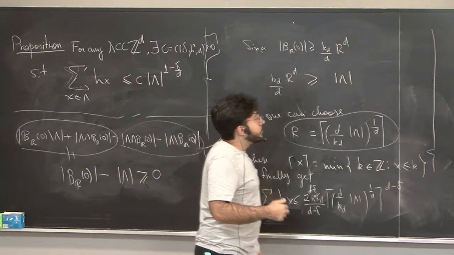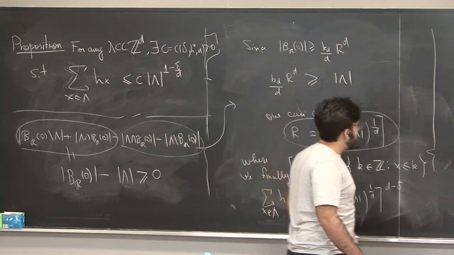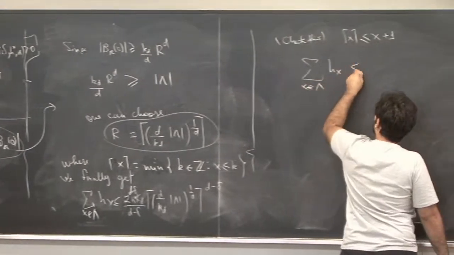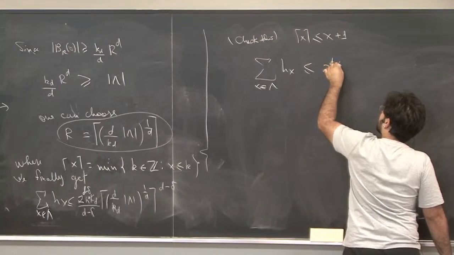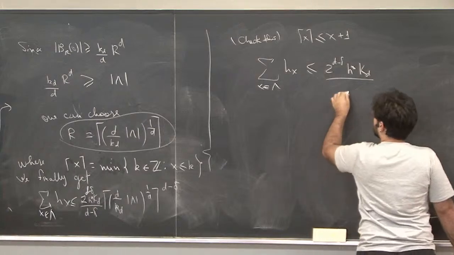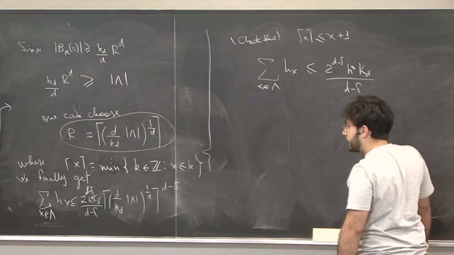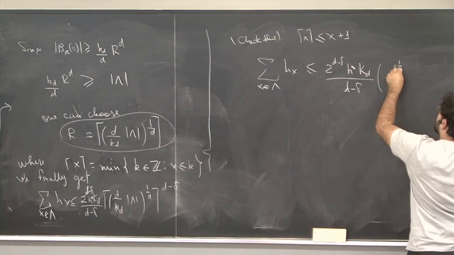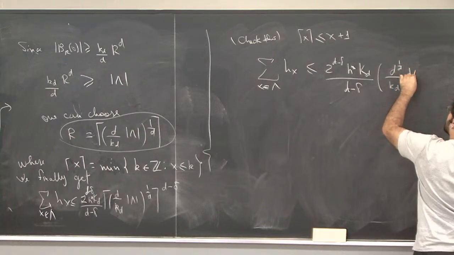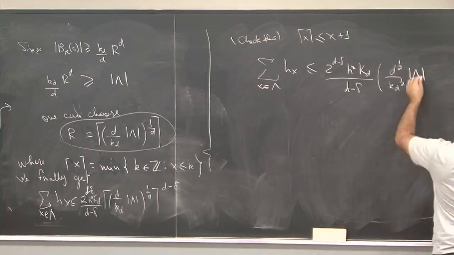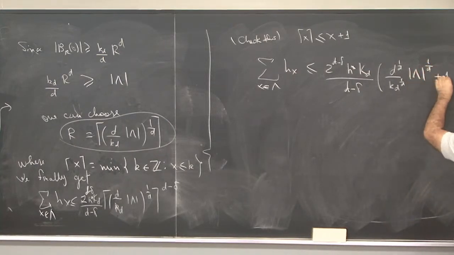And then by using this x plus 1 over here, we get that the sum is less than d over k_d, 1 over d, the size of lambda, and the size of lambda to the power 1 over d plus 1, to the d minus delta.